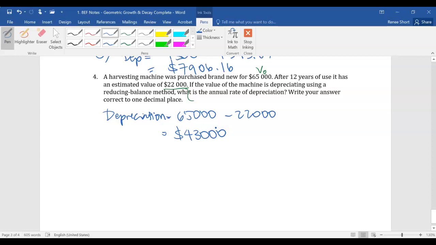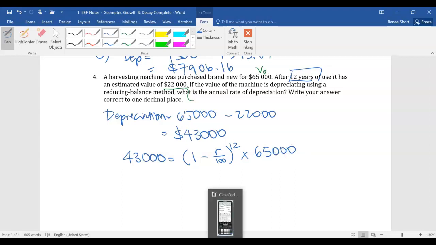And now I need to think about this in terms of my rule. So I'm saying $43,000 equals 1 minus R over 100, because I don't know what that rate is, to the power of 12, because it's been 12 years, times 65,000.